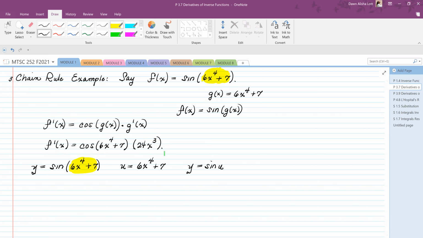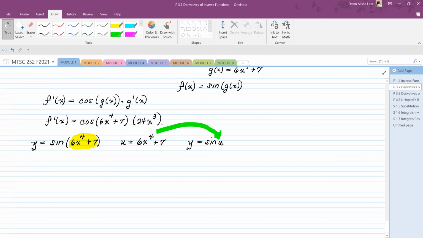Now that I identified my inside function as 6x to the 4th plus 7, and my outside function as y equals the sine of that thing, I can now find dy du.